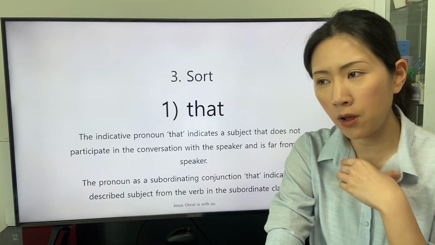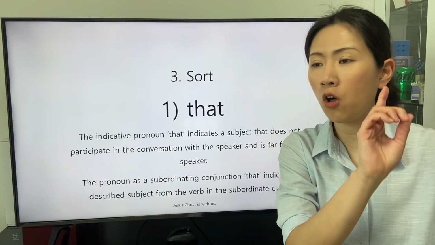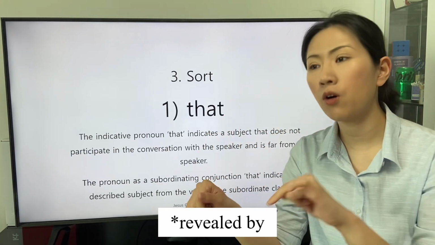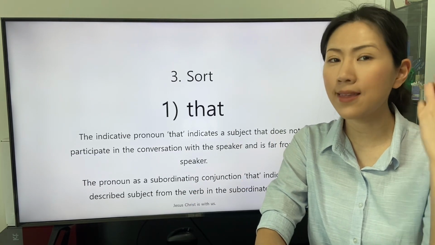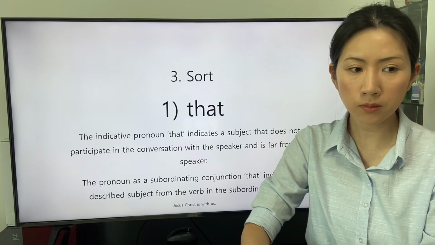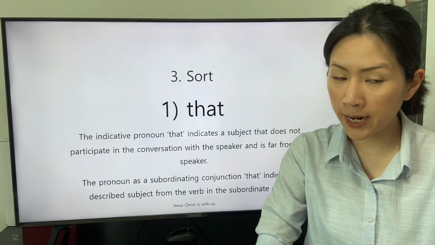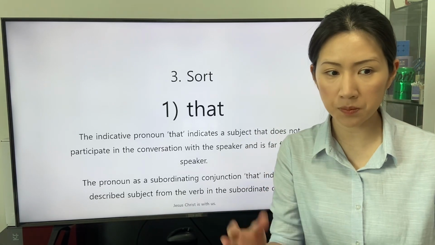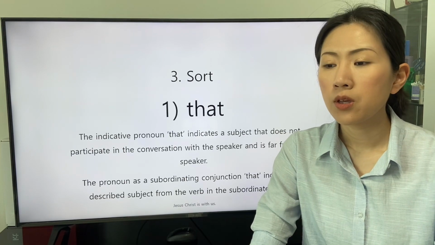So we can have a question: the occurrence, the number, the subordinating conjunction that. The pronoun as a subordinating conjunction that indicates a described subject from the verb in the subordinate clause.